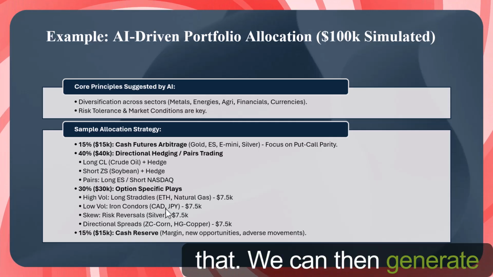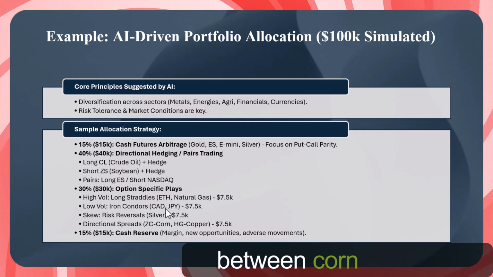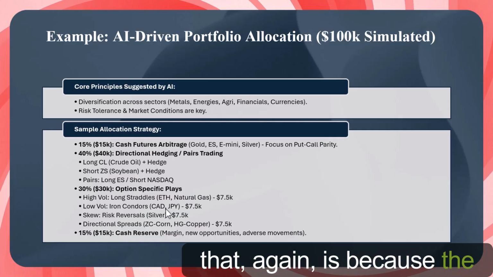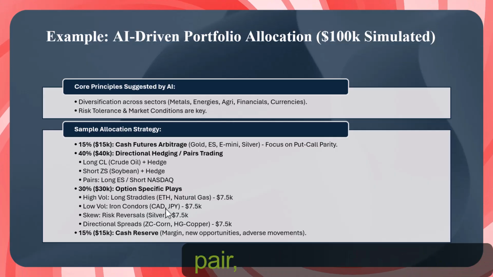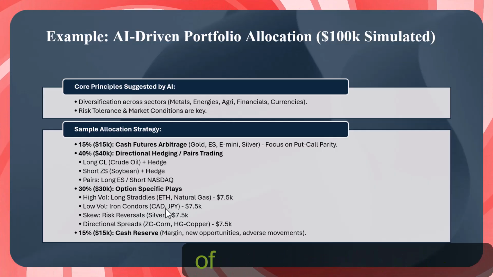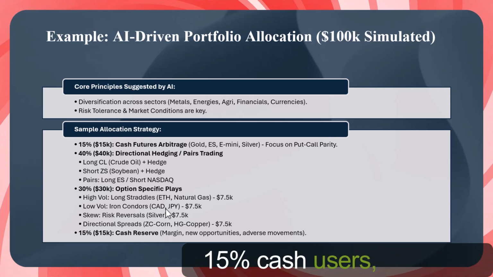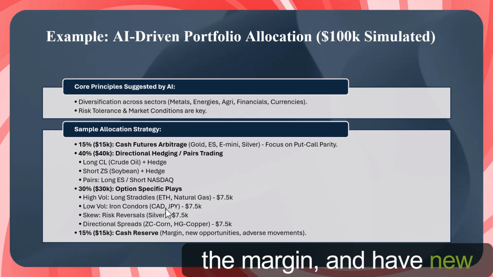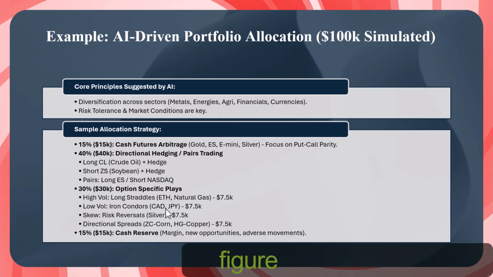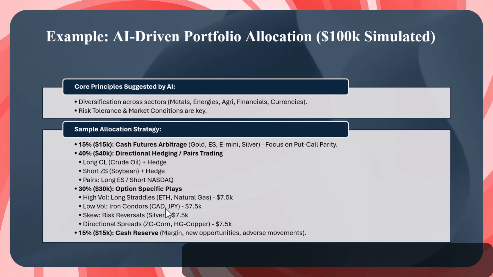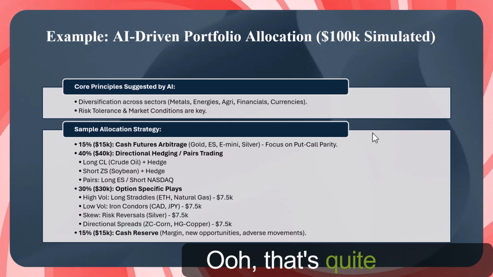We can then generate a directional spread between corn and let's say copper, 7,500. And that again is because the AI is able to identify that pair, that spread, because of the data we feed it. Then we can also apply maybe 15% cash reserve, build out the margin, and have new opportunities, and also figure out if there's any potential adverse movements there as well. Ooh, that's quite a bit.